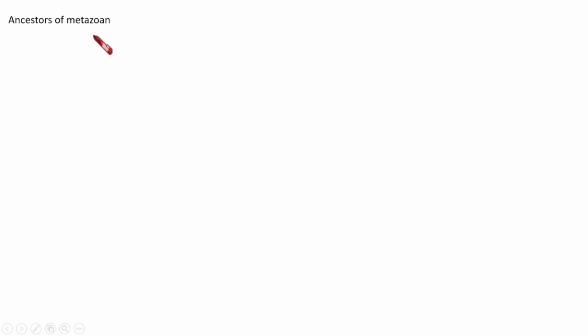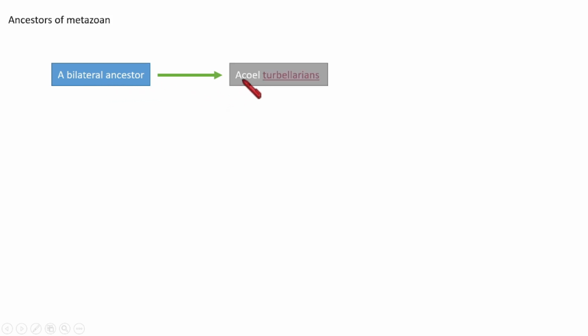Let's see the details of that hypothesis. According to that hypothesis, the ancestors of metazoans are bilateral ones. That means the ancestor has bilateral symmetry, and from that ancestor will emerge the acoel turbellarians. Acoel means those groups lacking a true coelom.